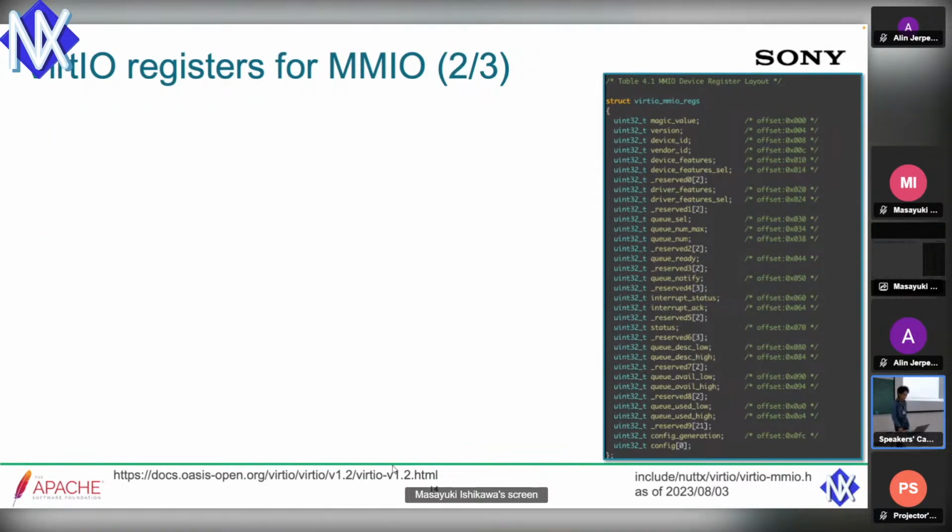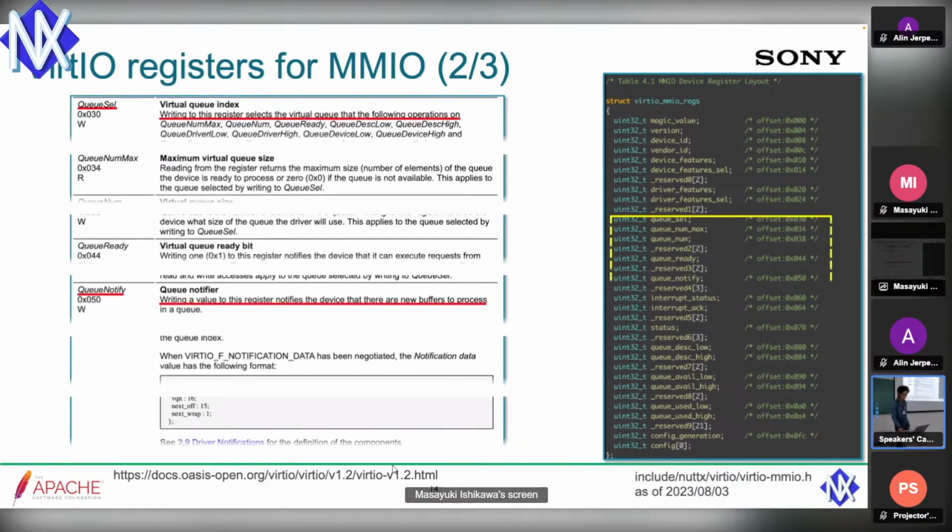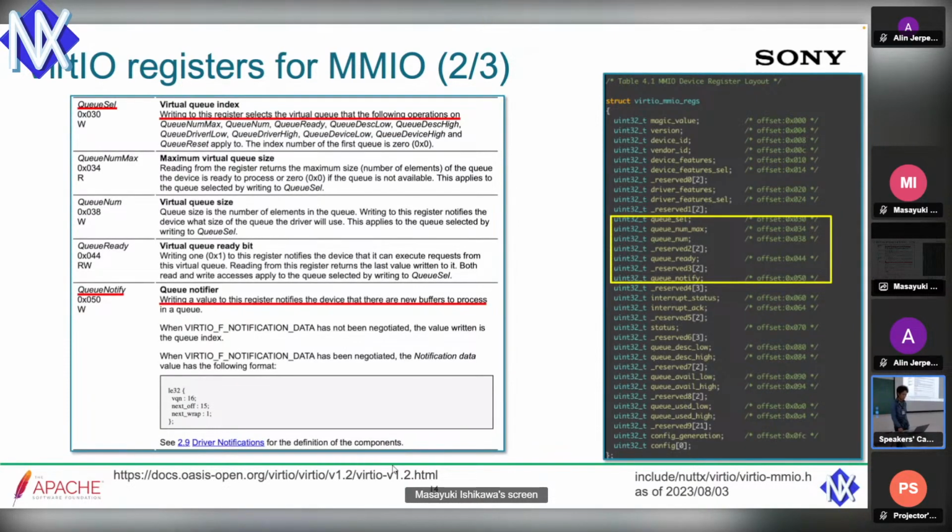As I explained in the earlier slide, we use VirtQ to communicate between the front-end driver and the back-end device. If we use multiple VirtQs, we need to use this Queue Select register to select which VirtQ is used.